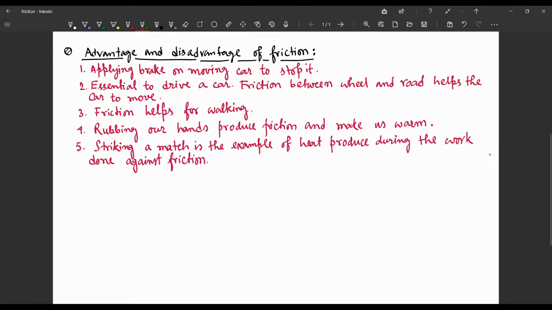There are many disadvantages of friction. Friction reduces the efficiency of a machine. It causes wear and tear of the moving parts and produces more heat.